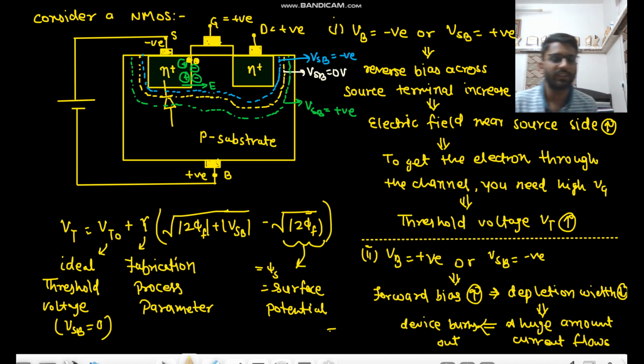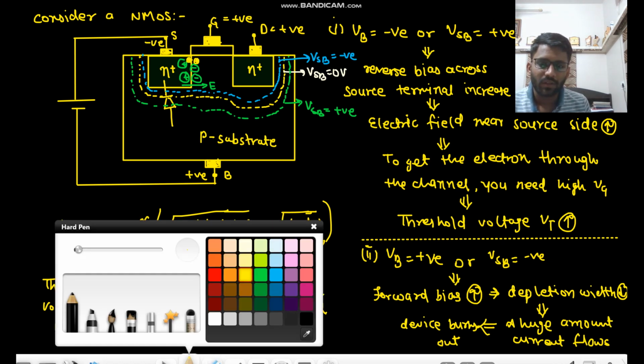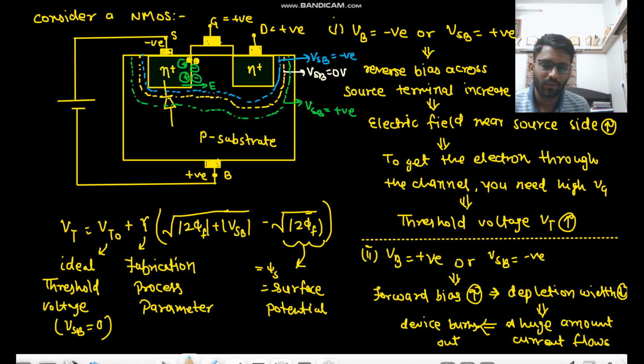That's why we always take VSB equal to 0 volt.